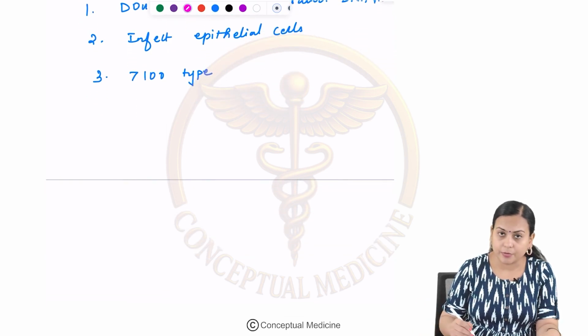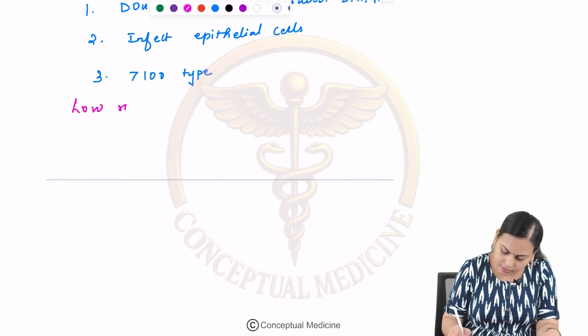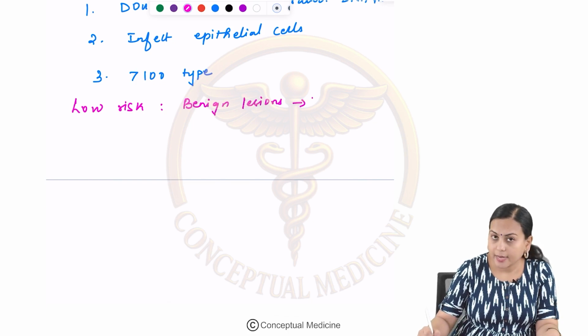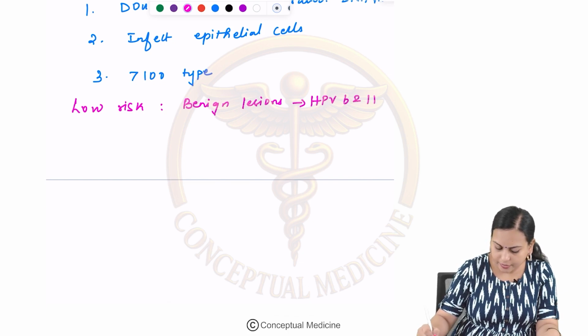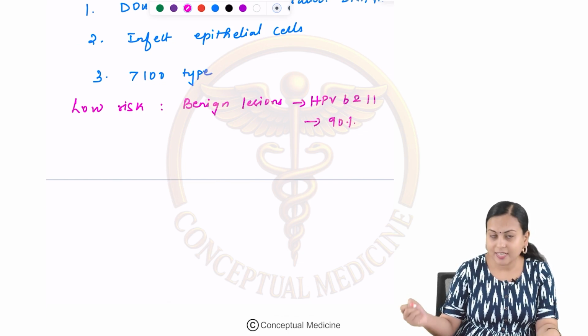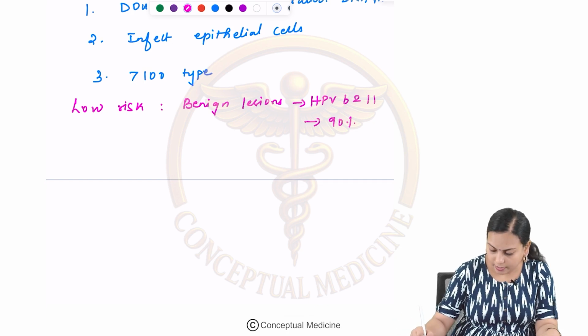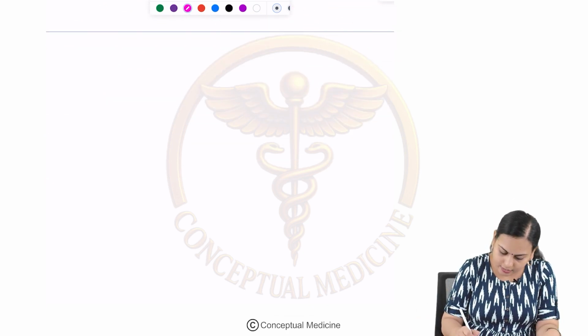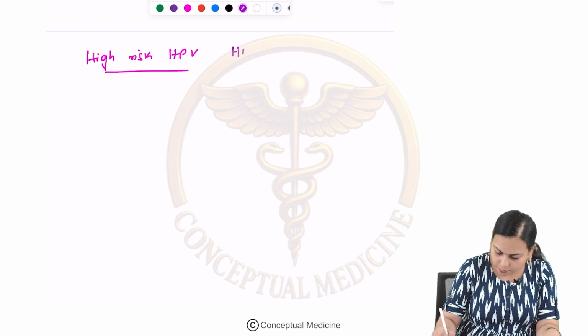We can classify them into low risk HPV, which mostly causes benign lesions only. For example, HPV 6 and 11 cause genital warts 90% of the time. Warts in the genital area. Clear? And next comes the high risk HPV type, which includes HPV 16 and 18.